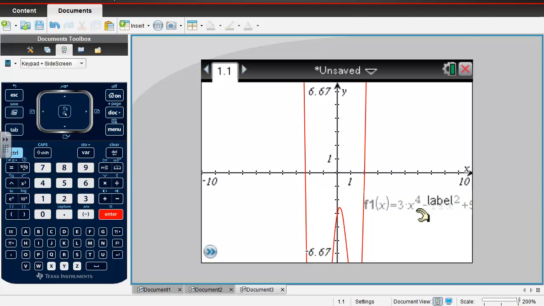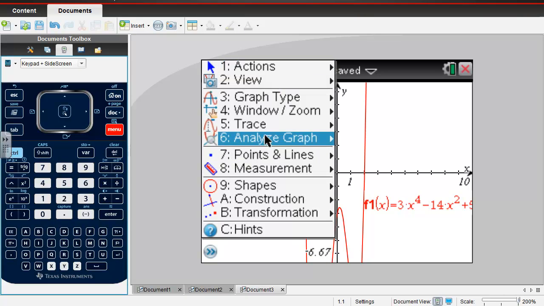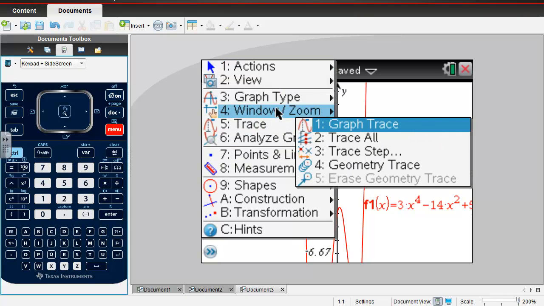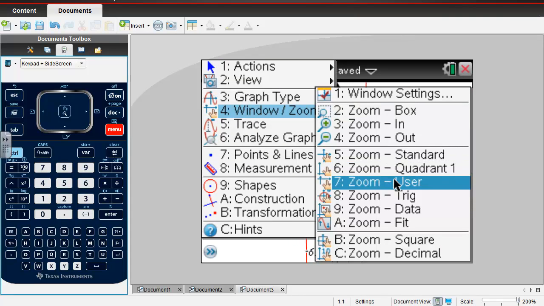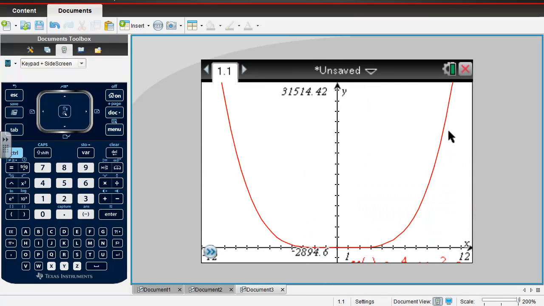Now, I know sometimes people say, oh, well, just do the zoom out or do the zoom fit. And if I do those, I can come over here and go menu, window. If I do zoom fit, it makes it look like a big parabola. And that gives us some general idea, but also look at how big this y value is, 31,514.